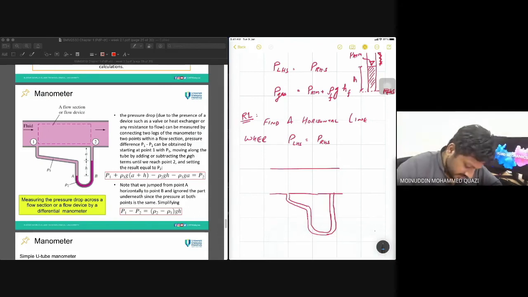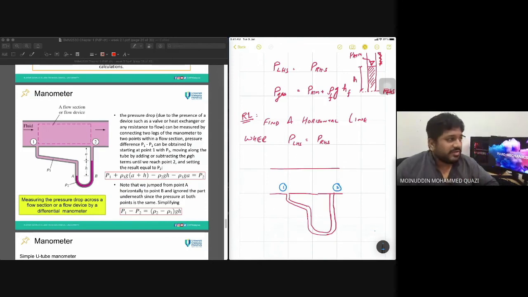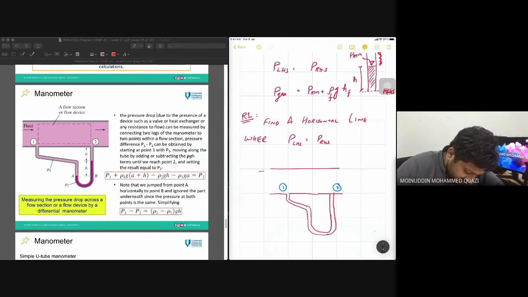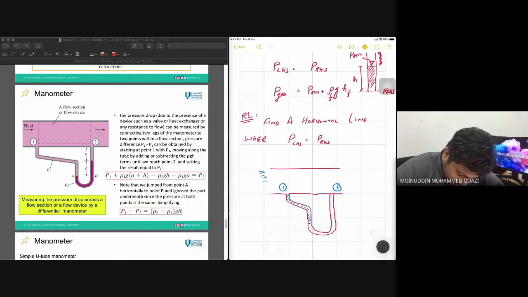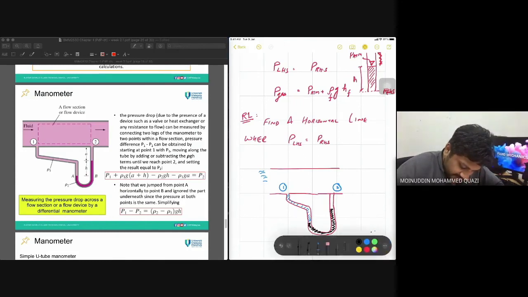This is, let's say, location number 1, and this is location number 2. Now I want to find the pressure difference between location 1 and location 2. Okay. So we've got fluid inside. The same fluid is filled until here. Then we have got a different fluid. Here got a different fluid until here. And we've got the same fluid here also.